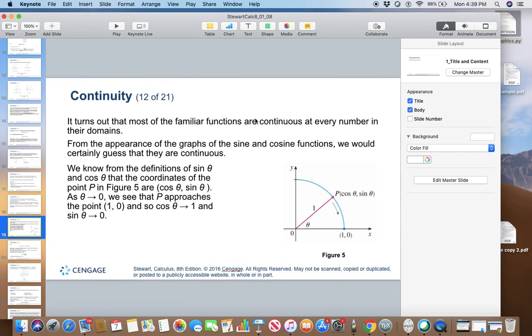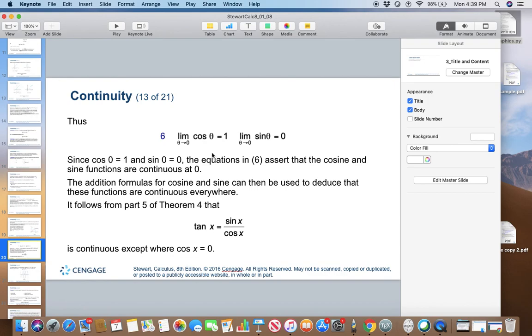Most functions that we are familiar with, cosine theta, sine theta, are trigonometric functions. They are continuous. Okay, in fact, continuous on their domain, but cosine and sine are continuous everywhere. All right. Limit as theta goes to 0 of cosine theta is 1.